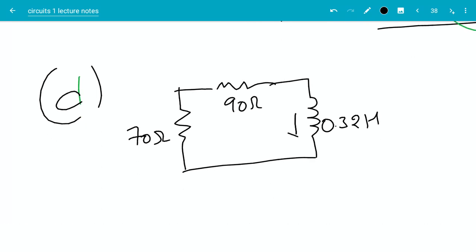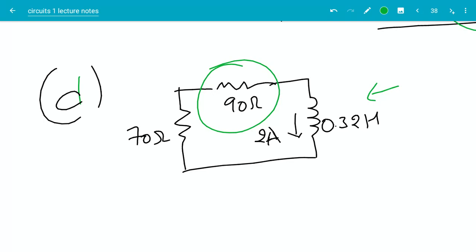Initially there was 2 amps current here. And then they're asking what percentage of the energy stored in the inductor is dissipated in the 90 ohm resistor, 1 millisecond after the switch is thrown from position A to position B. For this we have to calculate the total energy stored in the inductor at time t equal to 0, and that is the energy which is being dissipated into the resistors, right?